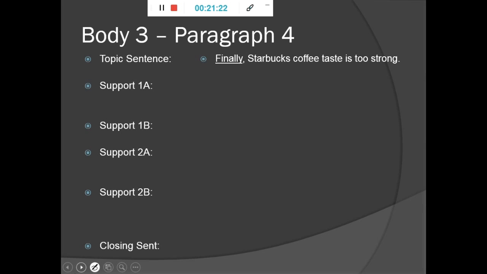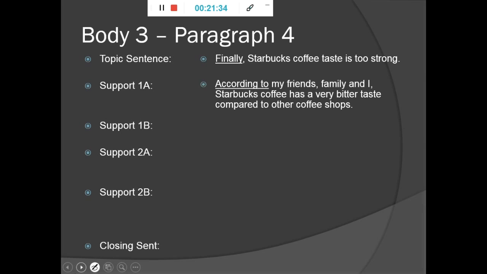The topic sentence would be, finally, Starbucks coffee taste is too strong. According to my friends, family, and I, Starbucks coffee has a very bitter taste compared to other coffee shops. So we're using another personal example here.